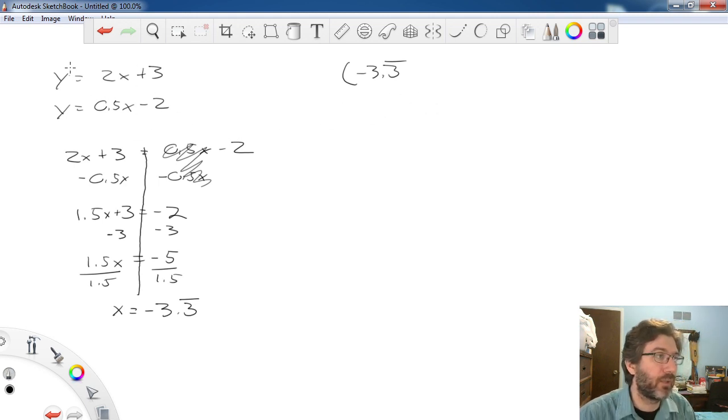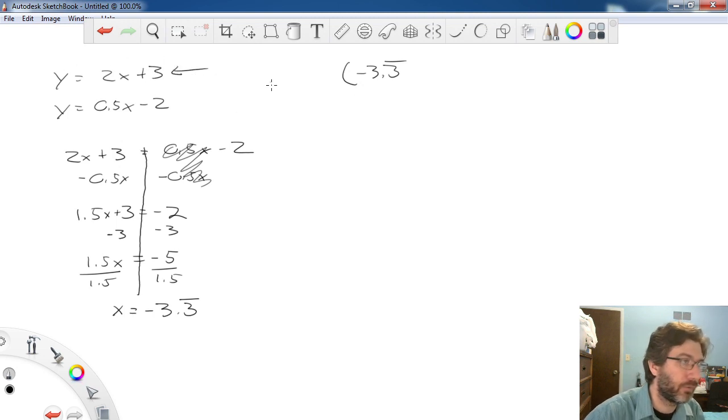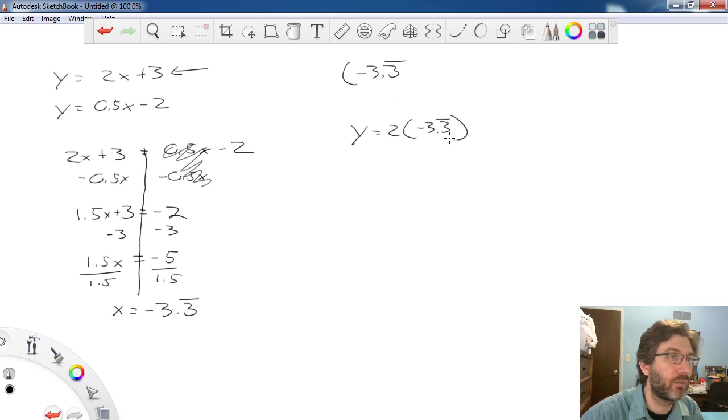And then you just plug it back into one of these. Probably the easiest is the first one, so you don't have to deal with a decimal. So you're going to get y equals 2 times -3.3 repeating, which is your x value, plus 3. So then go ahead and multiply that.